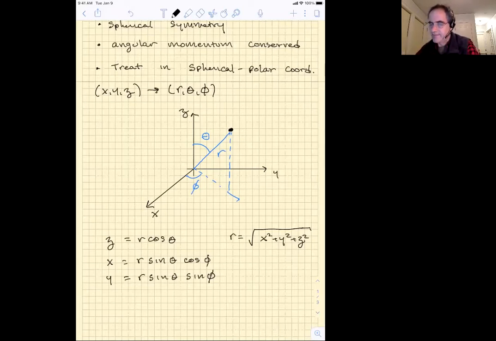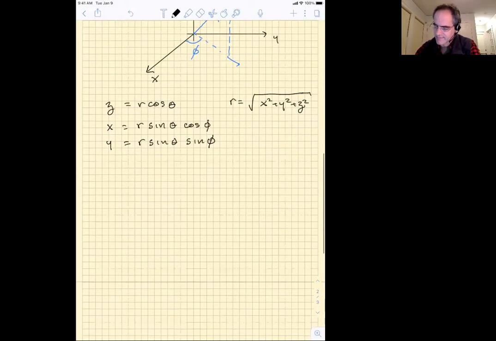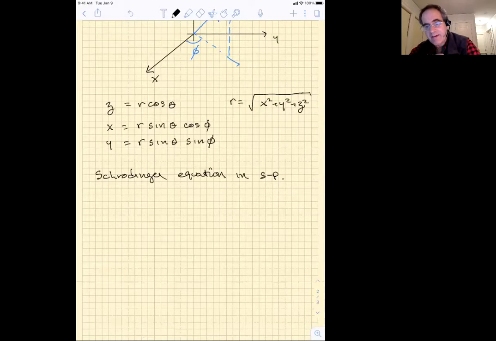Now, the next task we have isn't an easy one. So, in keeping with the spirit of this course, we're actually not going to go through the details. The next task we have is to write out Schrodinger's equation, but in spherical polar coordinates instead of Cartesian coordinates. Okay. Now, the meaning of the equation doesn't change.